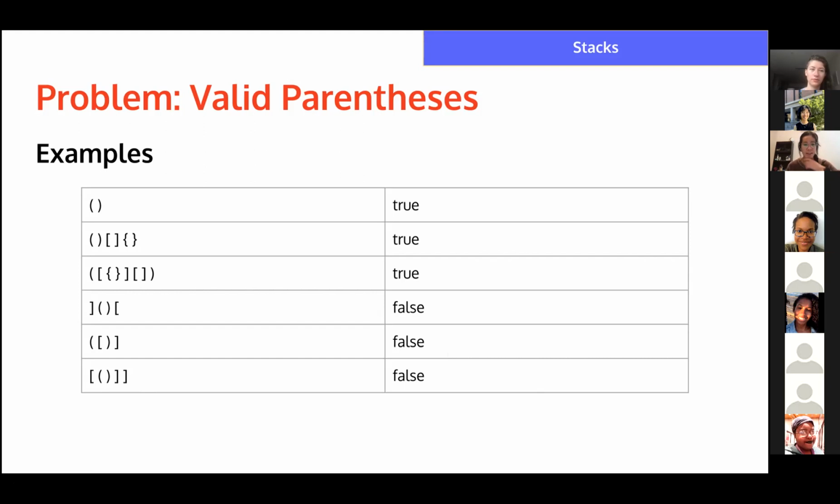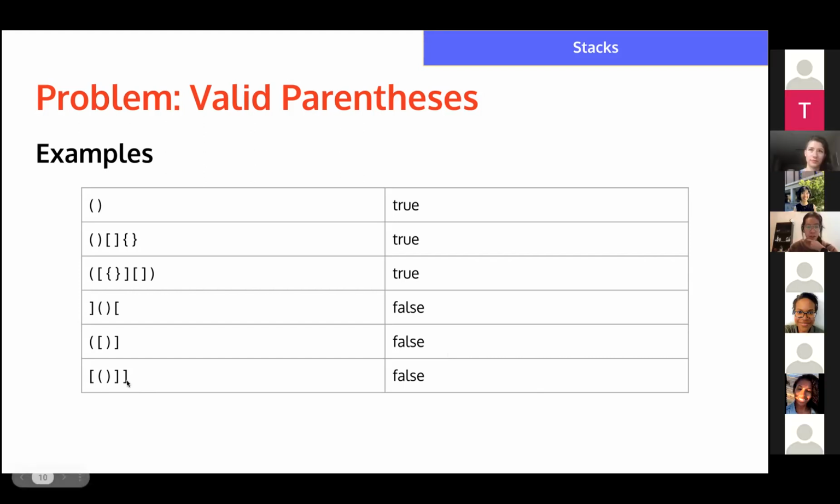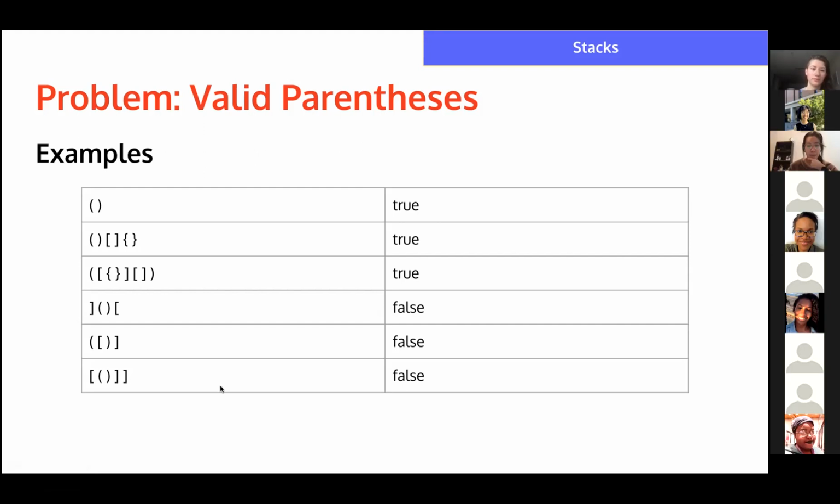So that's exactly it. And then the last one is the third kind of false condition. Does anyone else want to explain why this one is a false set of parentheses? This one's false because the very last ending bracket doesn't have its corresponding beginning bracket. Yep.